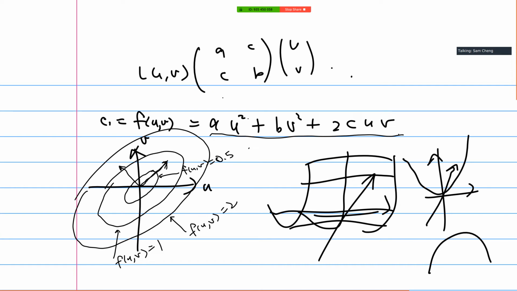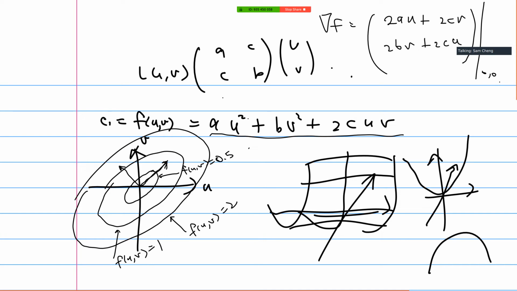For example, if I compute the gradient at this center point, what is the gradient there? Del f will be equal to 2au plus 2cv, and 2bv plus 2cu, right? And if I look at the center point, it's just 0, 0. So it doesn't give me the direction there.